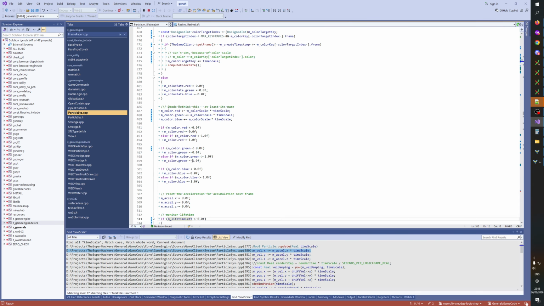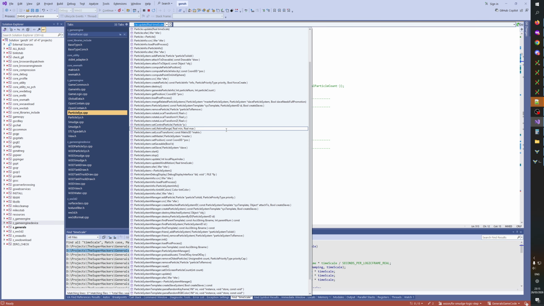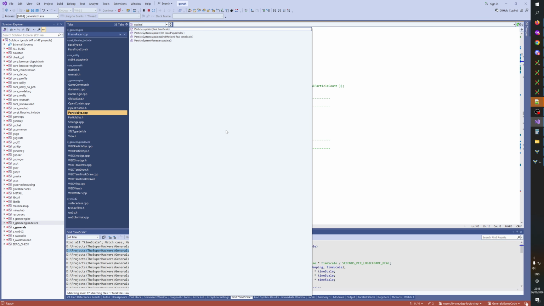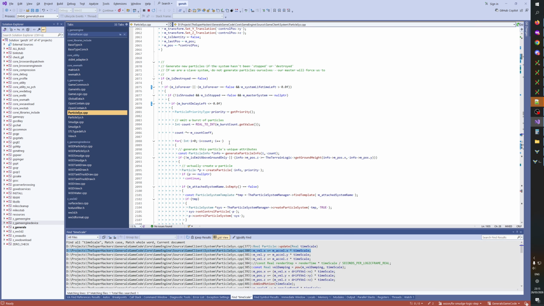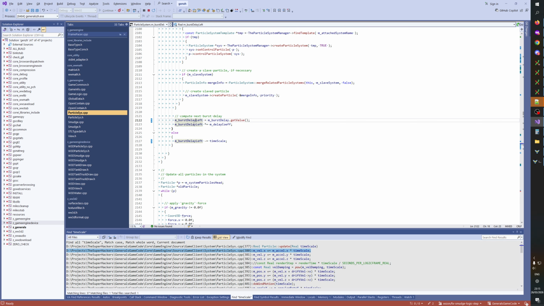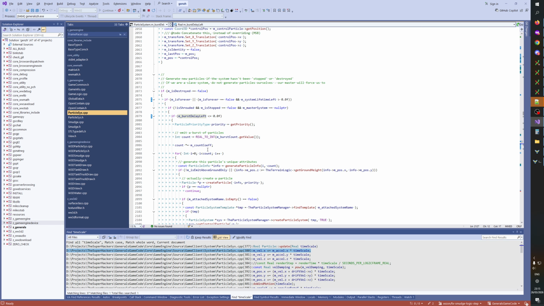I think so. There was this code somewhere in one of these updates, right? For the burst or something. Here, the burst delay. What if the burst delay is 0?